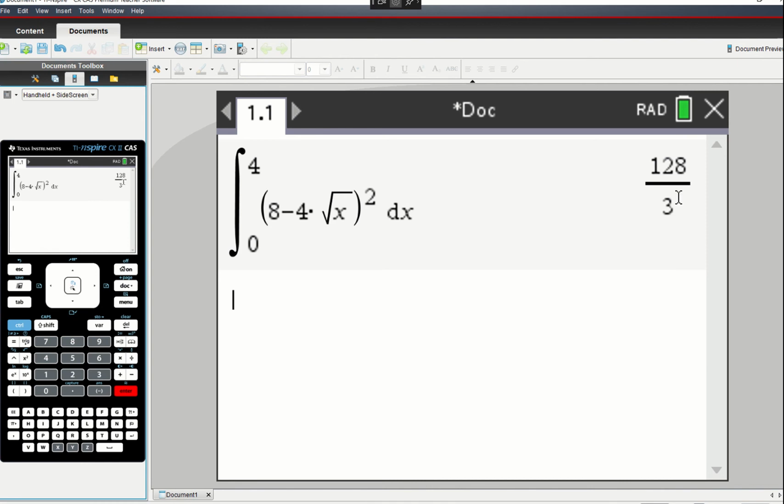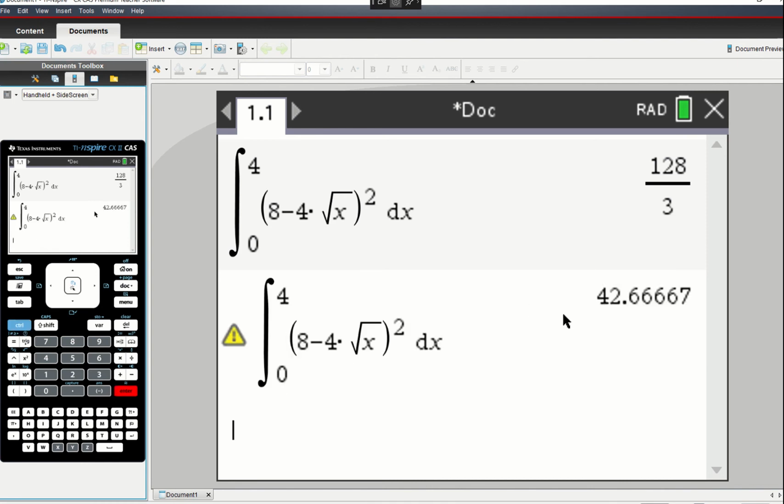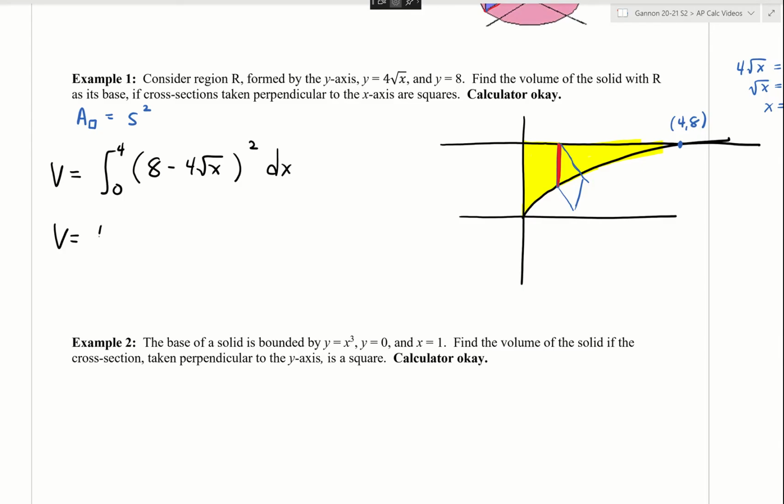And we get 128 thirds, which as a decimal is about 42.667. This problem doesn't provide units, but because it's volume, this would be units cubed.